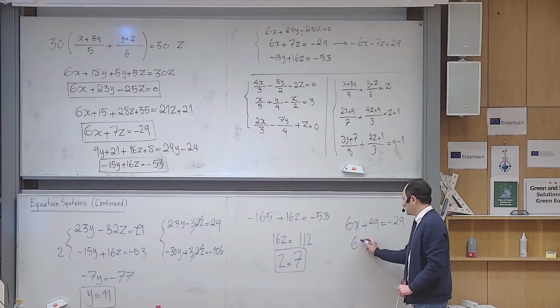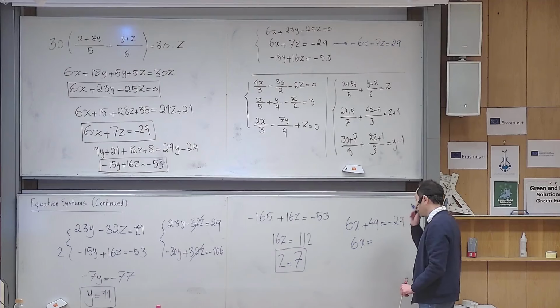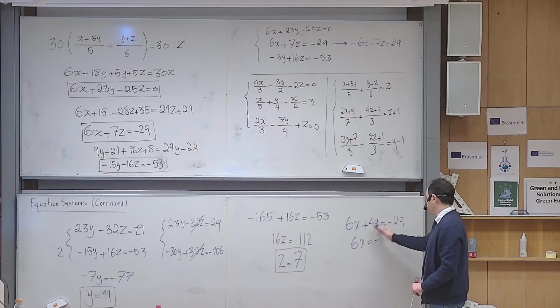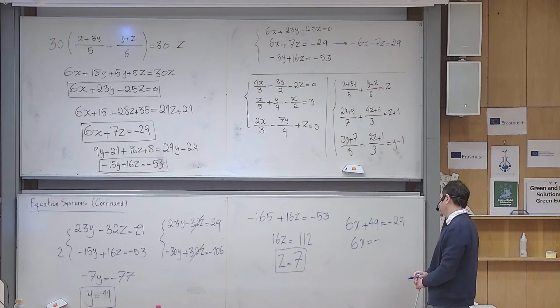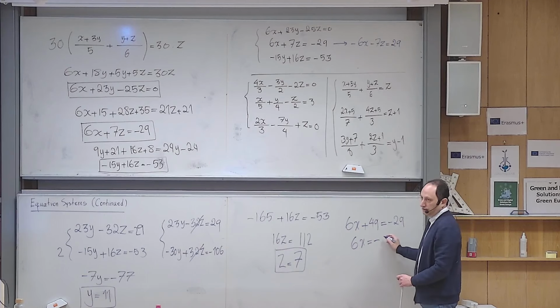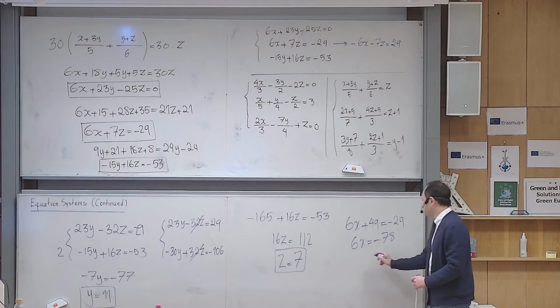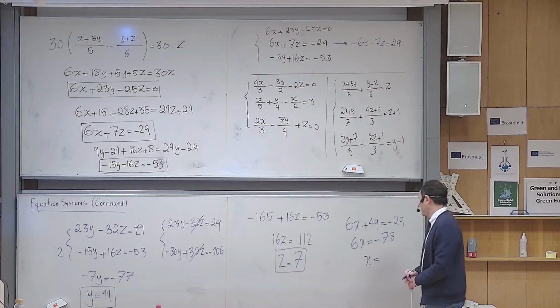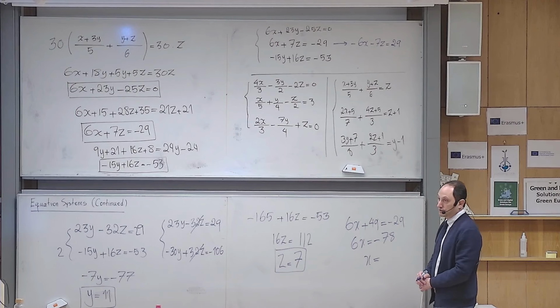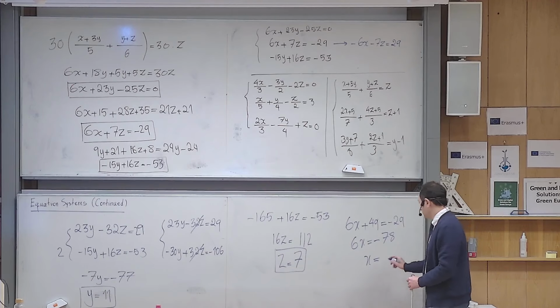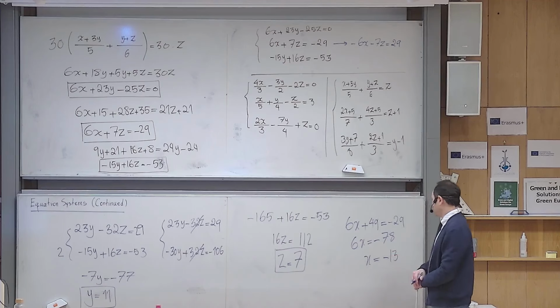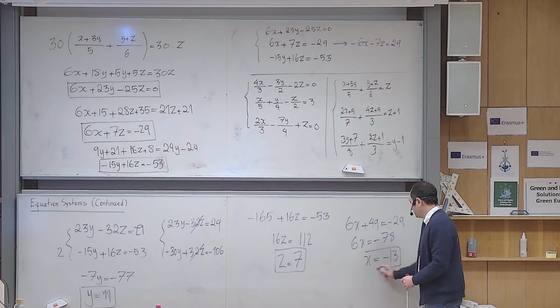So 6x becomes minus 49 minus 29. What is that? Minus 78. And then x becomes minus 78 divided by 6, which is 12? No, 13. So it's minus 13. Yes. And these are finally your answers.